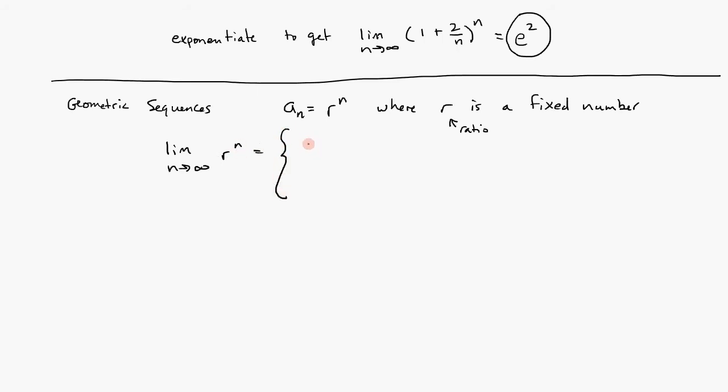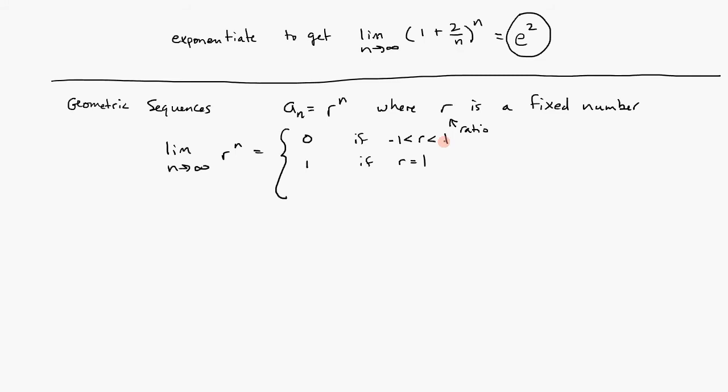So the limit is equal to 0 if the ratio is between minus 1 and 1. It's equal to 1 if r is equal to 1, because if r was equal to 1, then this whole thing is just equal to 1.